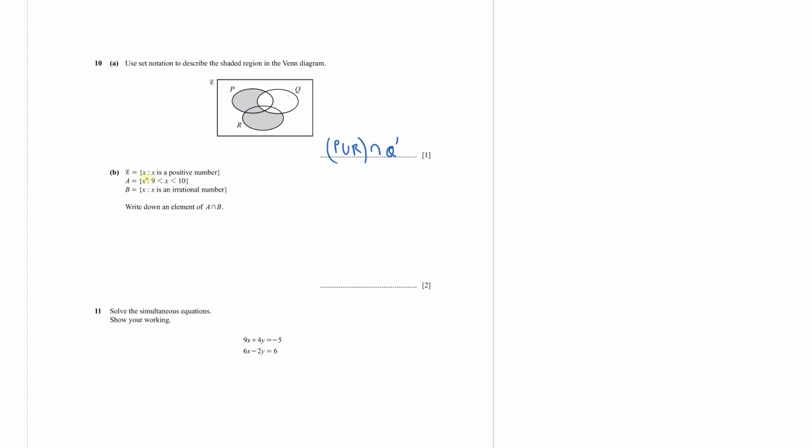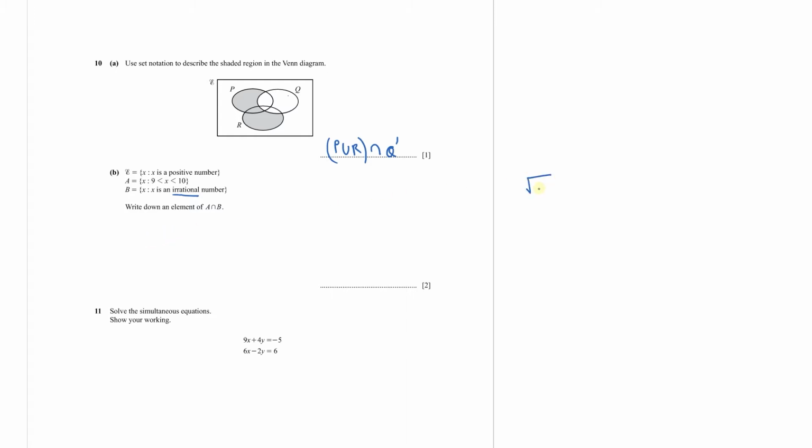Part B is your universal set is x is a positive number. A is a set where x is between 9 and 10, and B is a set where x is an irrational number. So irrational number means a number that cannot be represented as a fraction, and usually these are numbers where, if you take a square root of a number, it does not result in a proper square root.